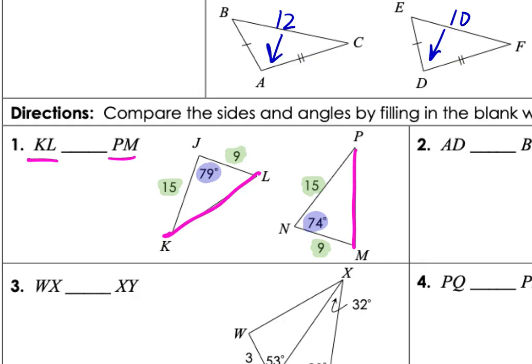So if those included angles are different sizes, then the sides across from them have the same relationship. So if the 79 is bigger than the 74, then that means KL is bigger than PM.